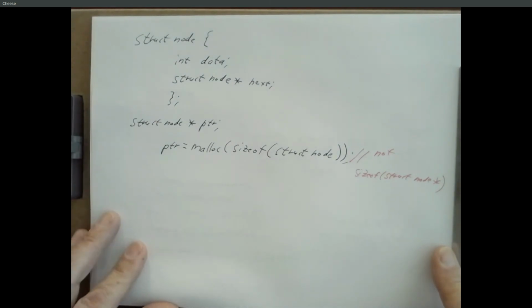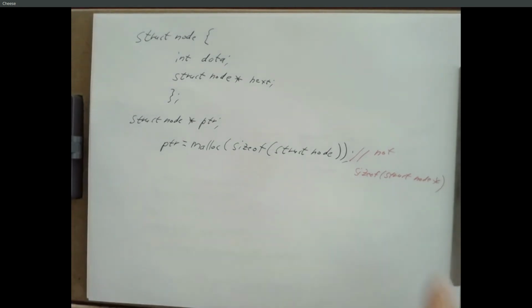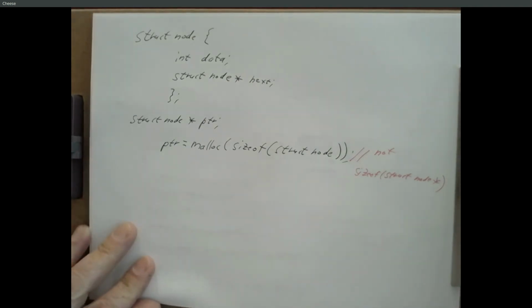Technically, you could probably do size of star PTR, but don't. Okay, I'll stick to my suggestion yesterday. Never put variables in here. Just put in types, because then it's less likely to be confusing what I'm asking for the size of. You haven't set PTR anything yet. If you stated star PTR, wouldn't that throw you? I'm not sure. I've never tried.